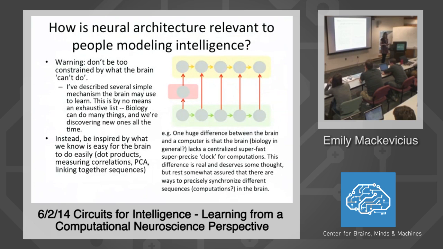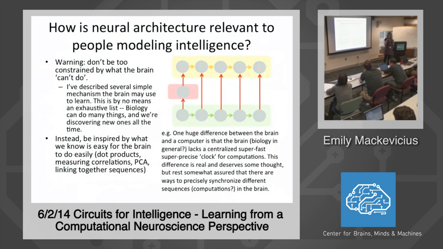If nobody knows how the brain could do something, that doesn't mean that the brain can't do it. You shouldn't force your models to avoid things that you think the brain can't do. But you should perhaps be inspired by what we know is very easy for the brain to do.